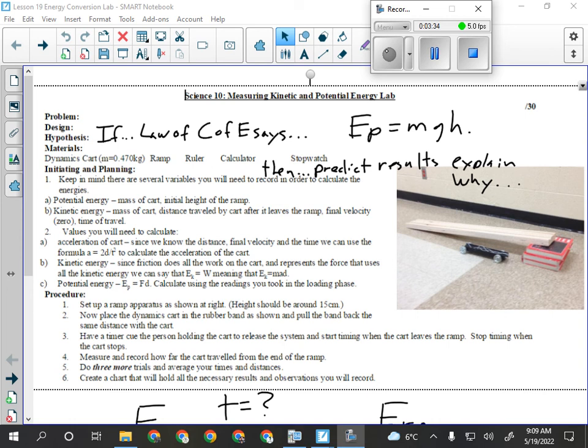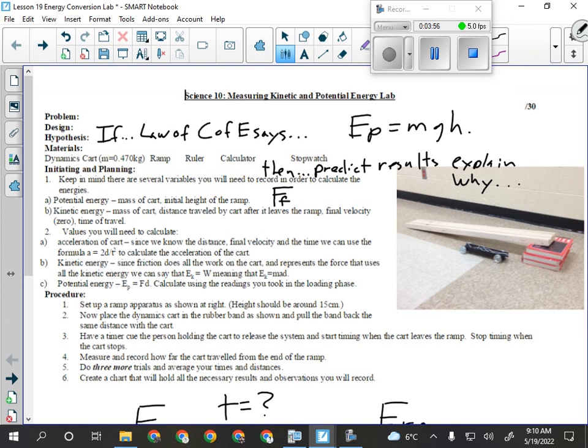We should be able to figure out how much energy the cart had at the bottom of the ramp based on how far it travels before it stops. And the reason we're going to be able to do that is because of what you guys just told me. Friction is the force that's going to stop the cart. We're going to measure the distance over which that force acts.